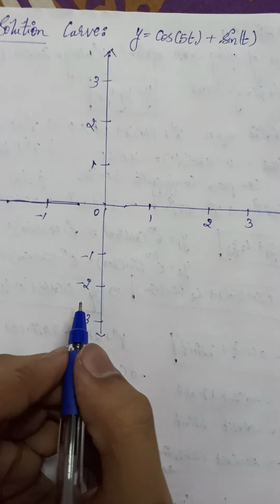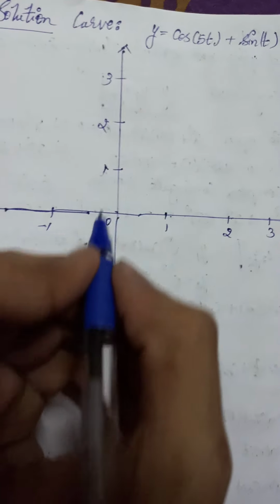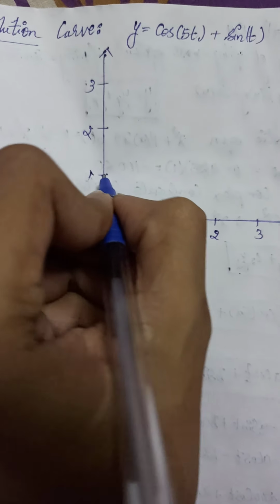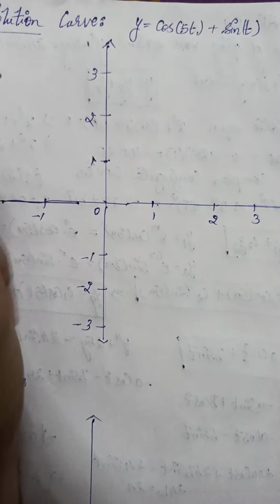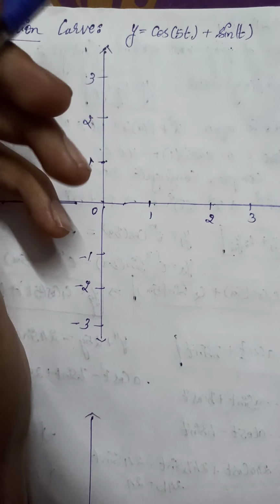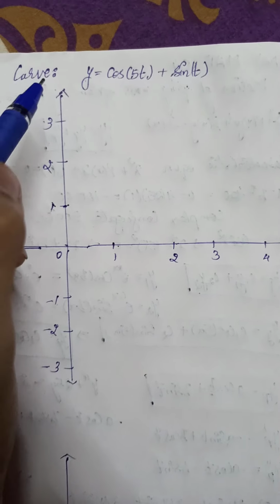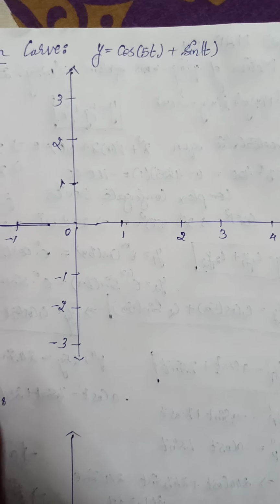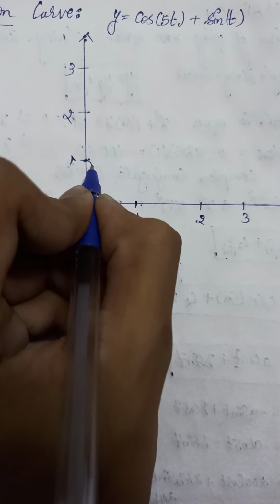Y of 0 is 1, so it starts here, and then we have to find the value of t when y will be 0. So on substituting, we will get that it intersects the x-axis somewhere less than 0.5. So it goes down.